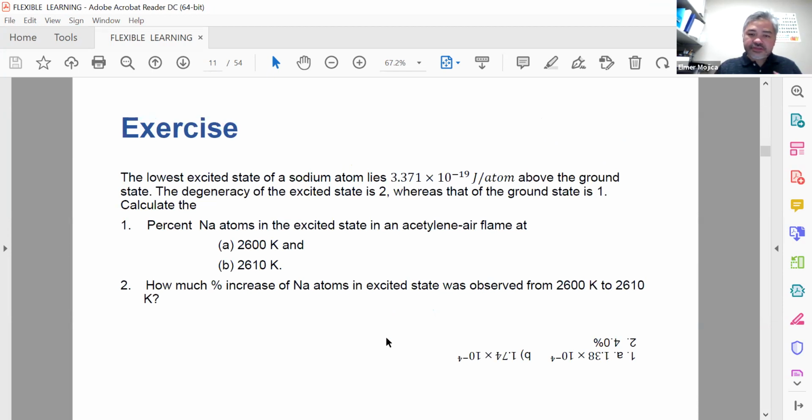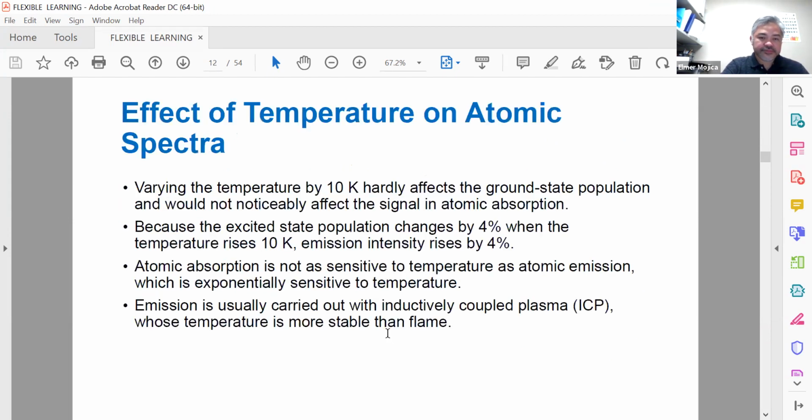There's an exercise on this that we're going to discuss during the asynchronous session. But what we want to know is the effect of temperature on atomic spectra.